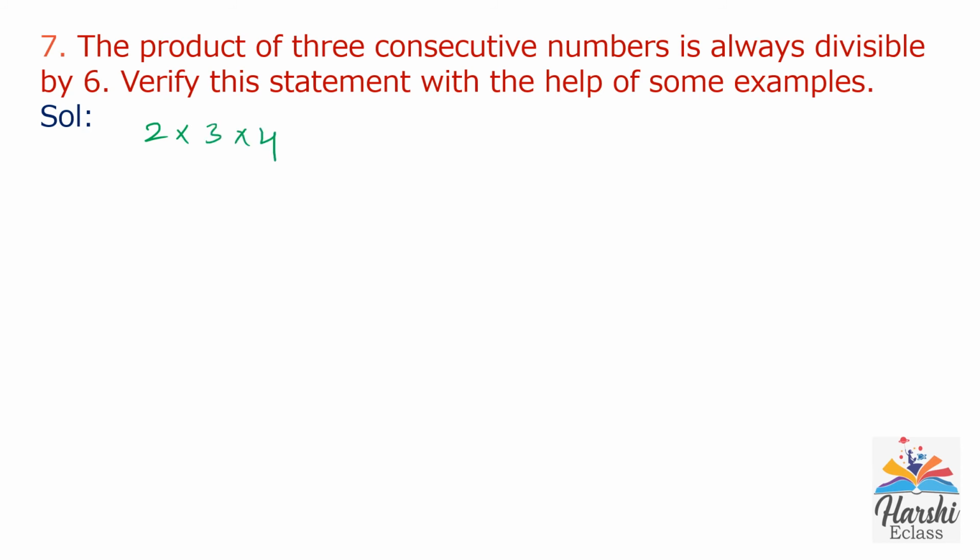The product of these three consecutive numbers: 2 3s are 6. 6 4s are 24. The product is 24. Is 24 divisible by 6? 24 is divisible by 6. 6 4s are 24.